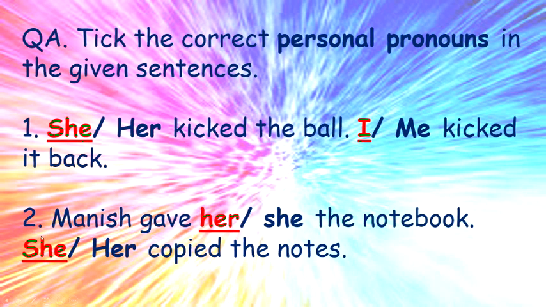Okay. Number 2, Manish gave her the notebook because here it is an object place. She copied the notes because she is at a subject place. Why? Because it is the doer of the action copied.